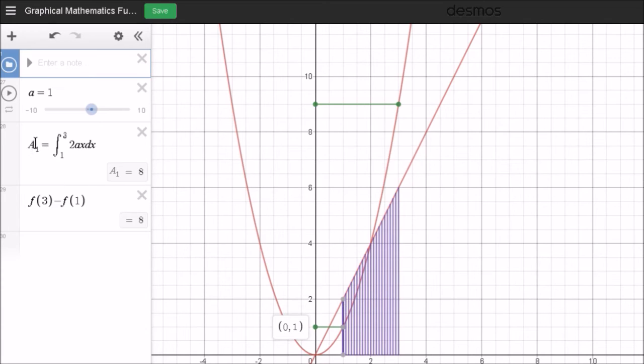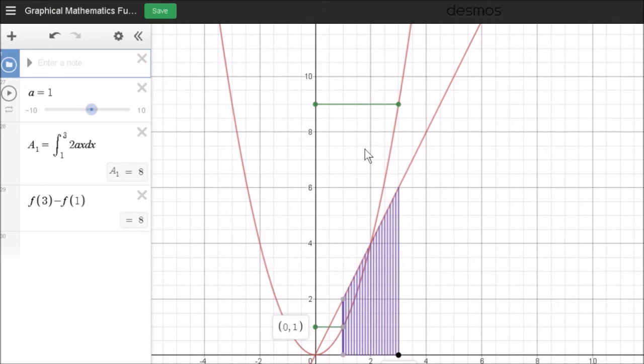So I've done the integration here of this function and I've found the area, and the area you see here is a value of 8, and that is equal to the value of the original function at those endpoints 3 and 1, and when we subtract those off we get the value of 8.